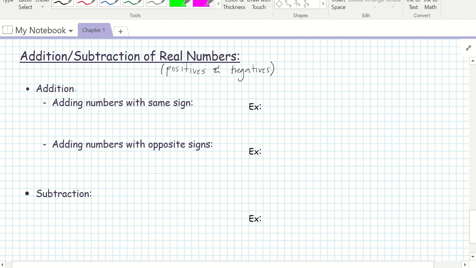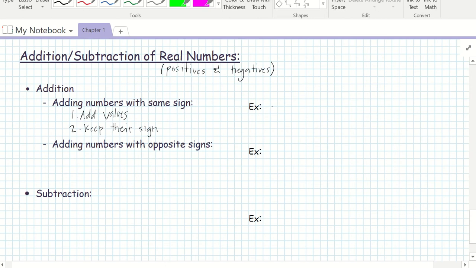So for addition, if we're adding numbers with the same sign, the rule is that, 1, we add the values, and 2, we keep their sign. Now, what do I mean by that?